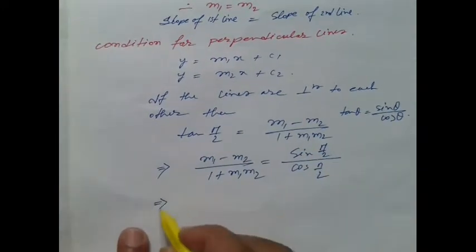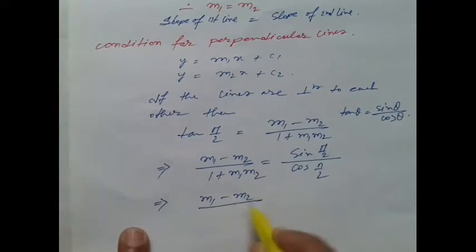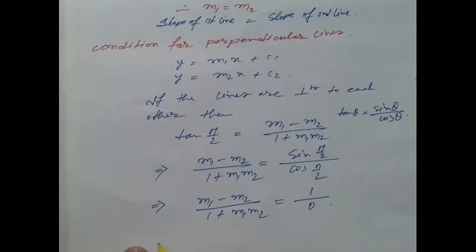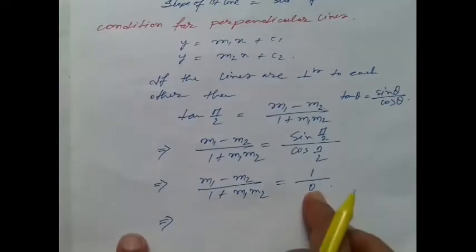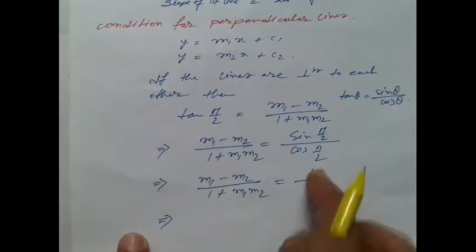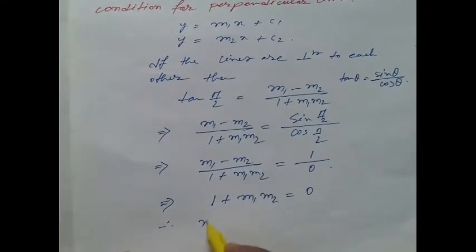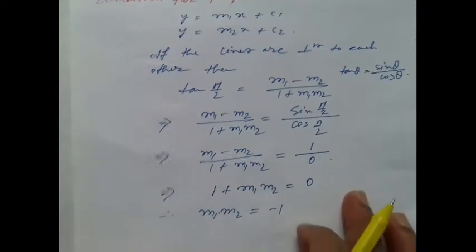Okay, to get it easily I have written like that. Now sin pi by 2 means 1, cos pi by 2 is 0. Now by multiplying we will get 0 into this means 0, and 1 into (1 plus m1 m2) equals 0. Therefore m1 into m2 equals, this one will go this side, minus 1.